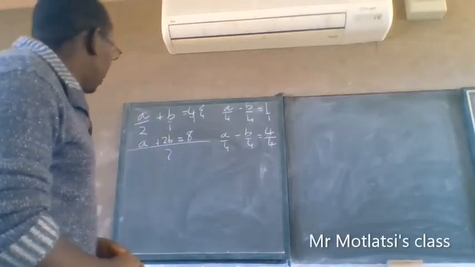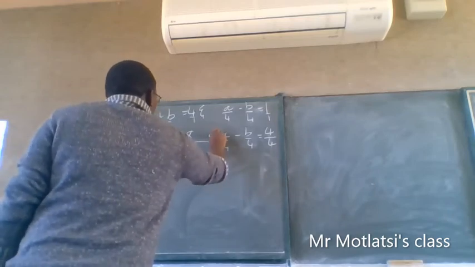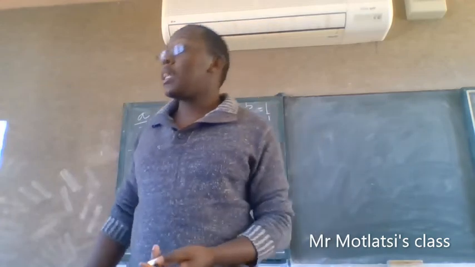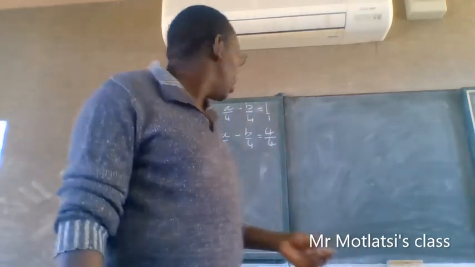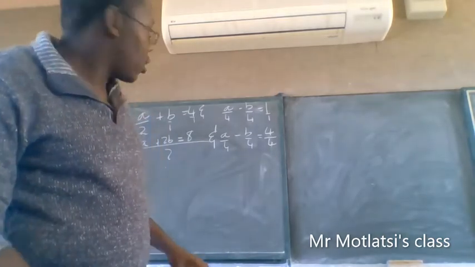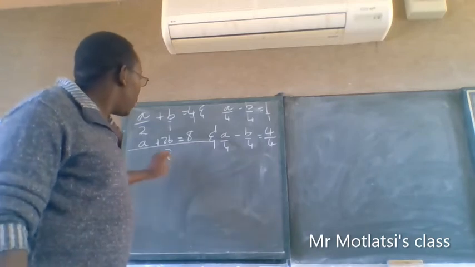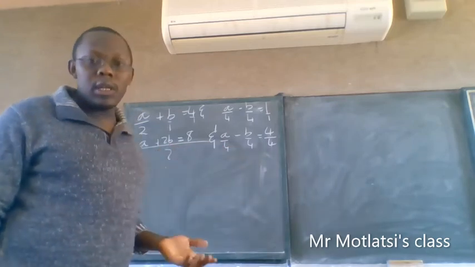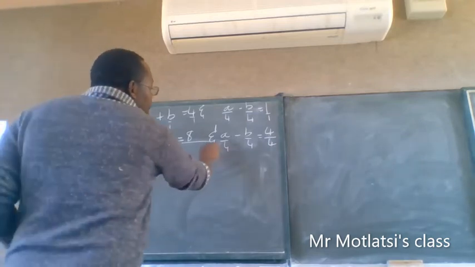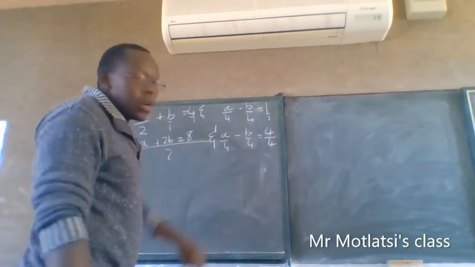Let's see. Well, remember in the previous videos how we solved something like this. Now, the denominator is the same for a, the denominator is the same for this part of the equation. So we get rid of the denominator, because now if I multiply by 4 here and here and here, then all the 4's are going to cancel.